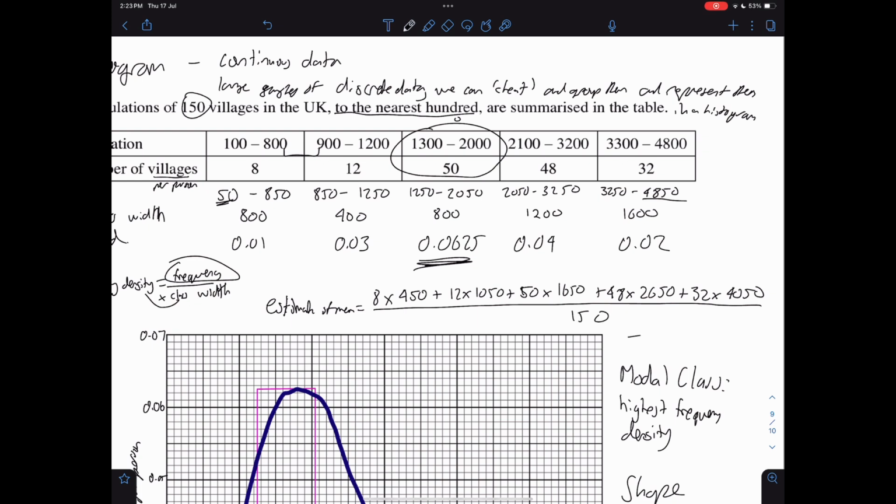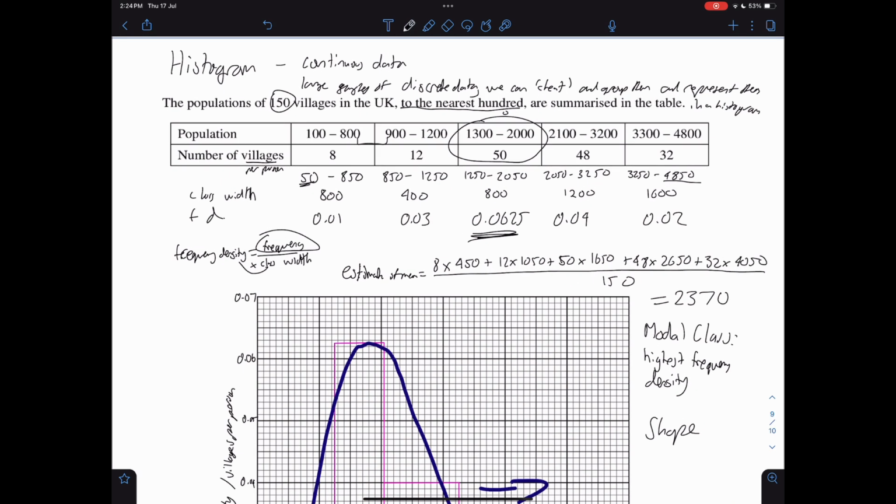Divide that by 150. And so an estimate mean of 2,307. So on average, by using this data, we can estimate that on average about 2,370 people live in one village.